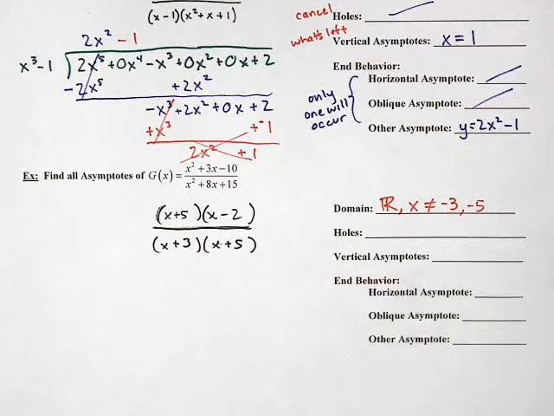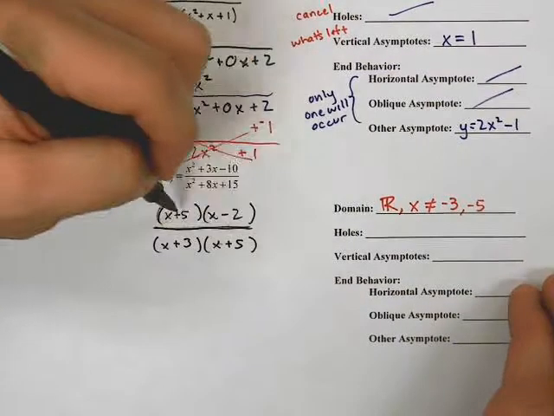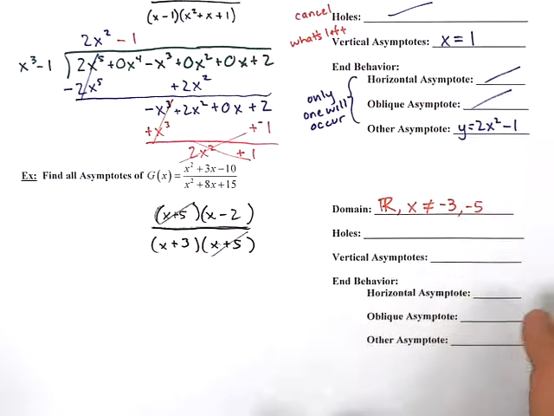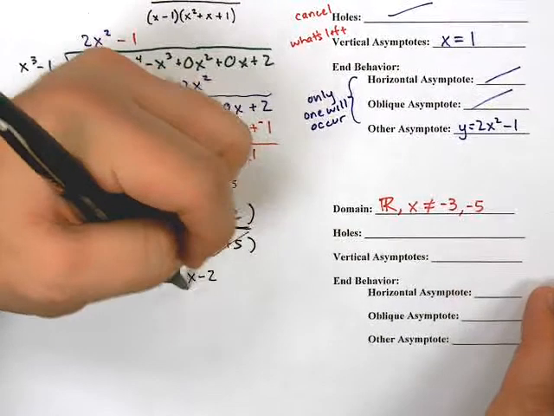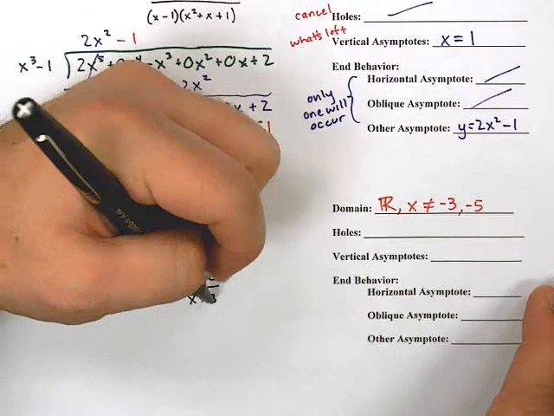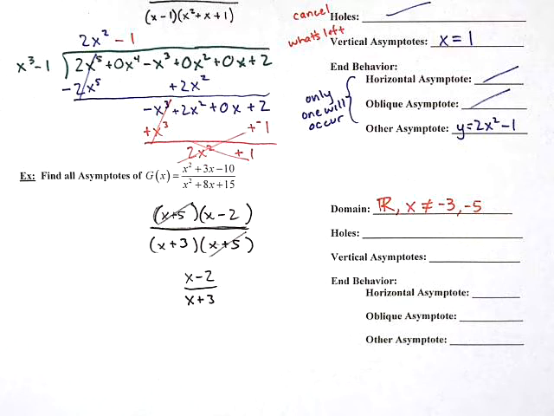Now what's really nice is we can continue and say, I see an x plus 5 here and here, so we cancel it out, and now we know that we really have x minus 2 over x plus 3. That's what our function is going to look like. The last thing we need to do is examine what's going on with those different restrictions, and then also what type of end behavior this is going to have.